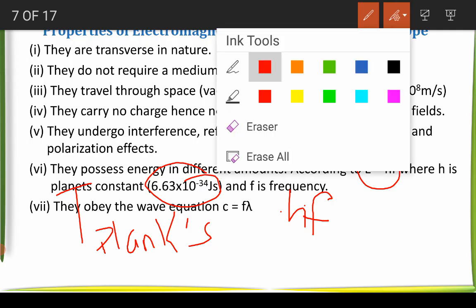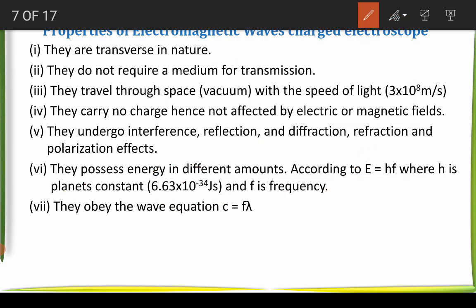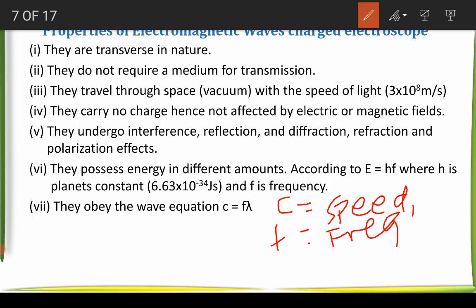Other than that, they all obey the equation which is called the wave equation, where c here is the speed of the wave, and f is frequency, while lambda is the wavelength. So we are saying the speed of these electromagnetic waves is found by multiplying their frequency by wavelength.